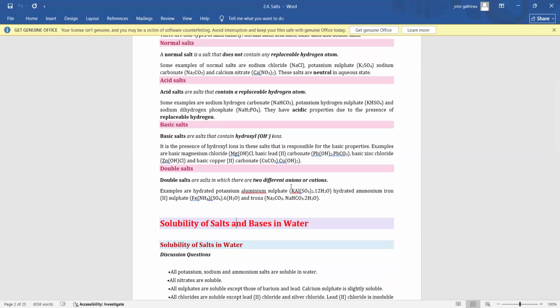That is the chlorides, the nitrates, the sulfates, and carbonates. So very quickly, I want people to tell me how chlorides behave in water, how nitrates behave in water, how sulfates behave in water. So we raise up our hands.